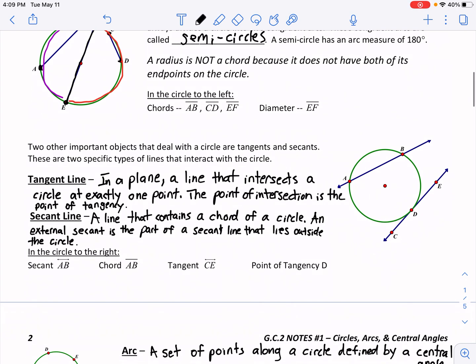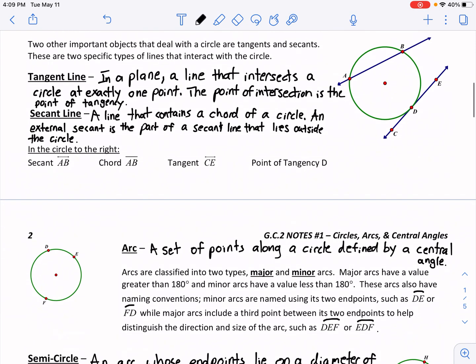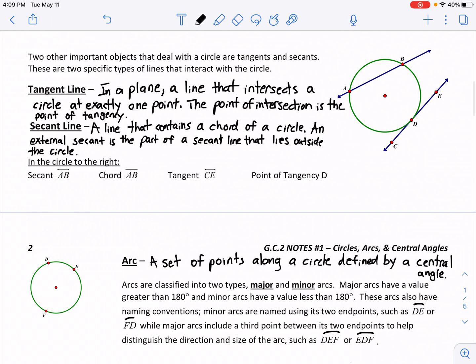In the circle to the left, AB, CD, and EF are chords, which we talked about a second ago, and the diameter was EF, okay? Some other things that we'll run into are a tangent line and a secant line, okay? So a tangent line in a plane is a line that intersects the circle exactly at one point.